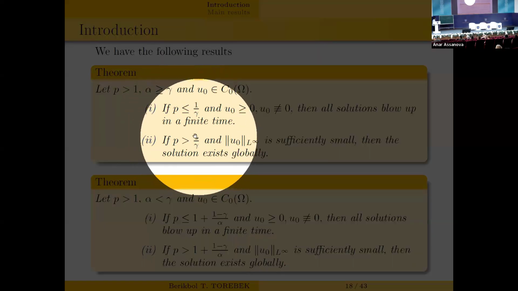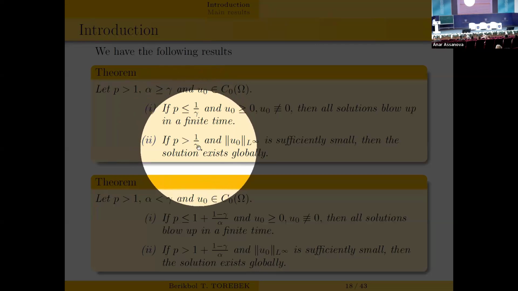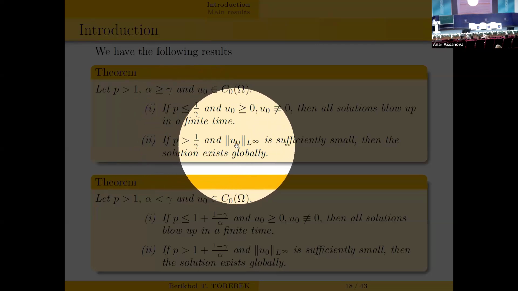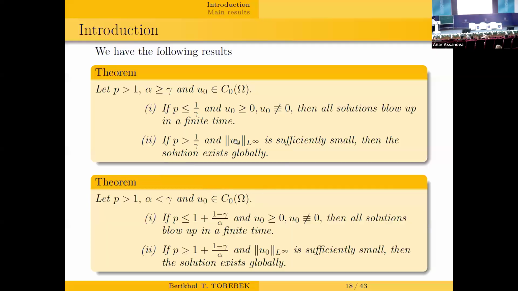And if p is greater than this number, 1 divided by gamma, for sufficiently small initial data u0, there exists a global in-time solution. In this case, the critical exponent depends on gamma.